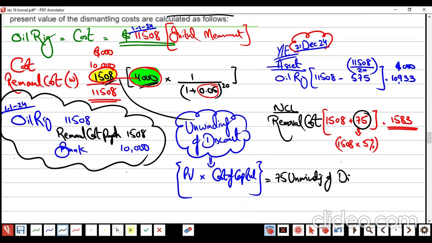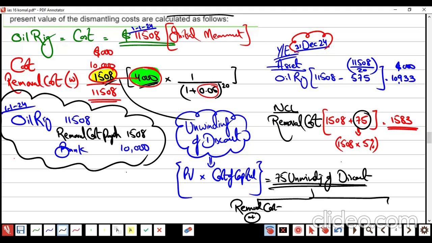Every transaction has two impacts. The first impact is that it is added to the removal cost. This is the credit impact. What is the debit impact?